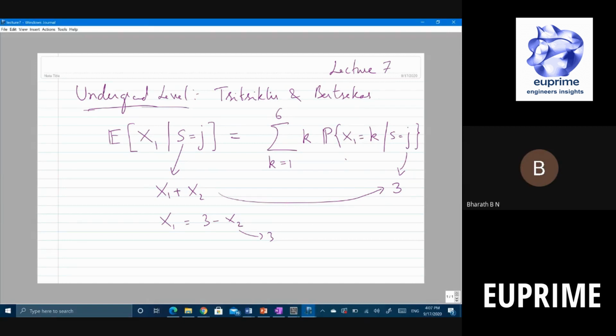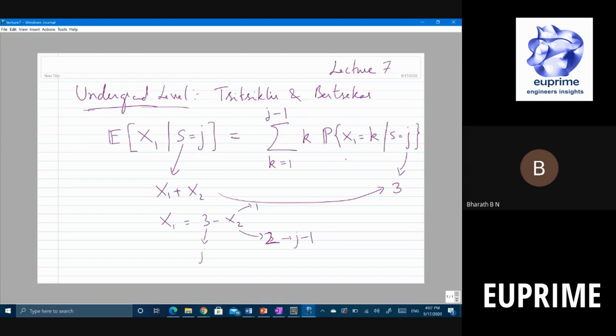So the only possibility is x2 can start from 1 and go till j minus 1. So k equals 1 to j minus 1, this is what you get.